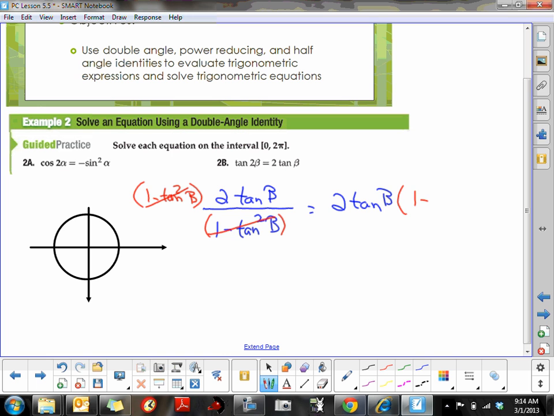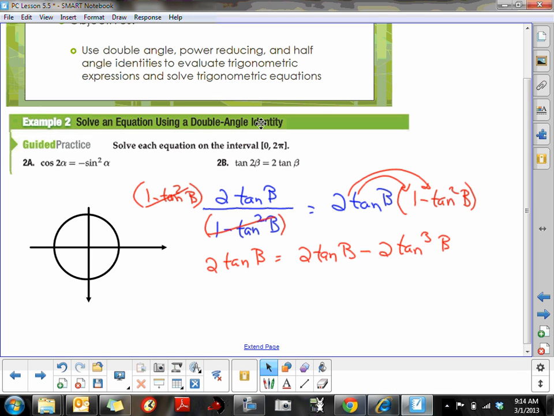We'll be left with 2 times the tangent of beta is equivalent to, well, if we distribute, 2 tangent of beta, then minus, we get a minus in there, 2 tangent cubed of beta.